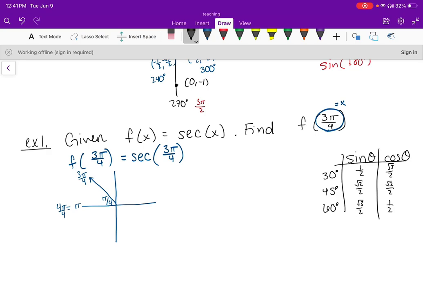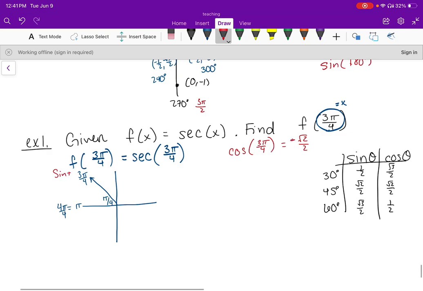So I'd say, okay, 3 pi over 4 has a reference of pi over 4, which means it acts exactly like 45 degrees. Secant is the reciprocal of cosine. So cosine of 3 pi over 4 would be square root 2 over 2, and we're in quadrant 2, so only sine is positive in quadrant 2, so cosine would have to be negative.